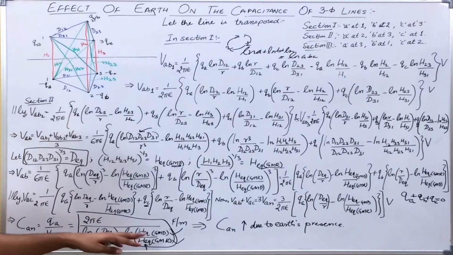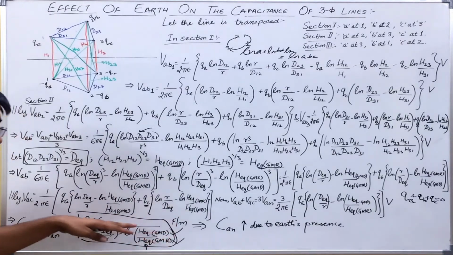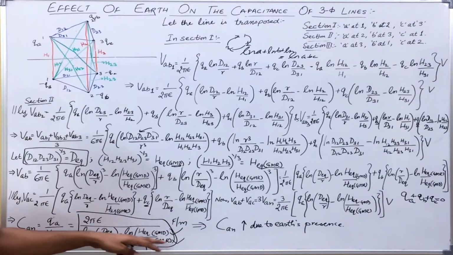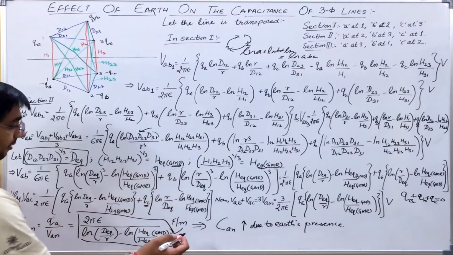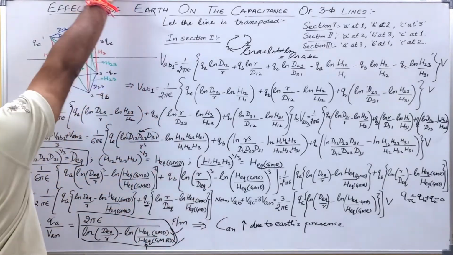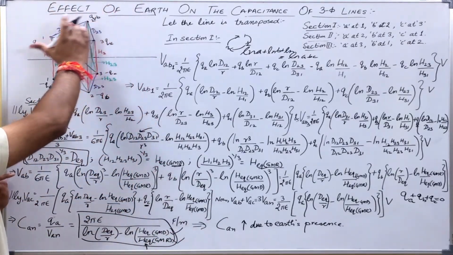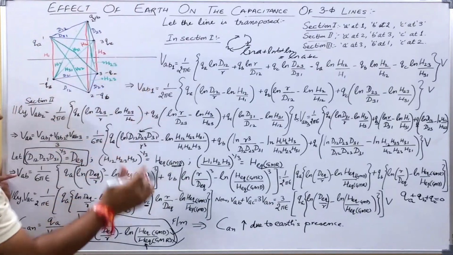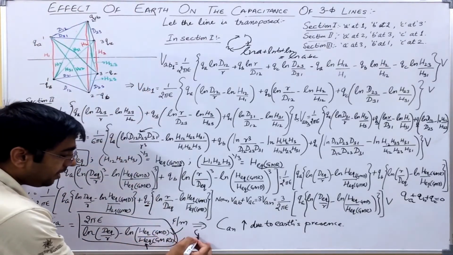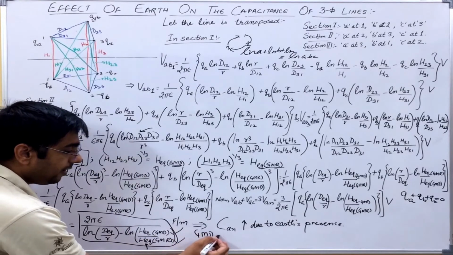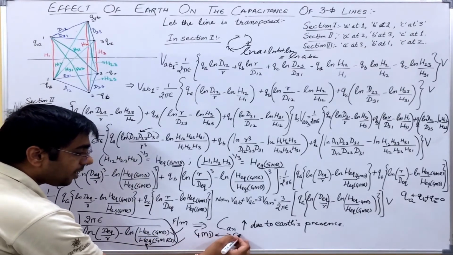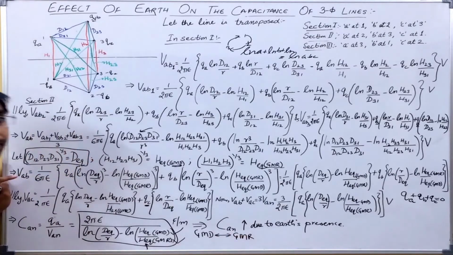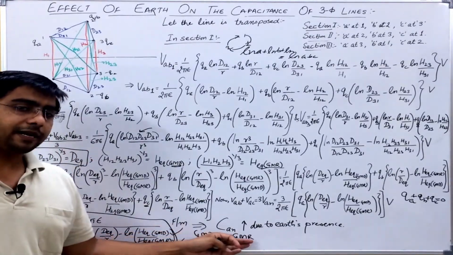In this way, if I somehow increase these distances, let us say if I put these charges at infinity from this plane, I will see that GMD will tend to GMR, or GMR will tend to GMD. That is, these will become equal.